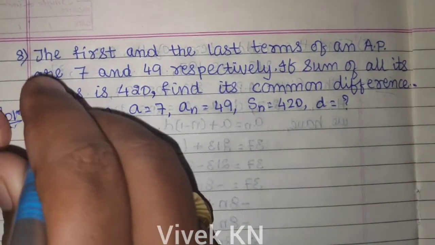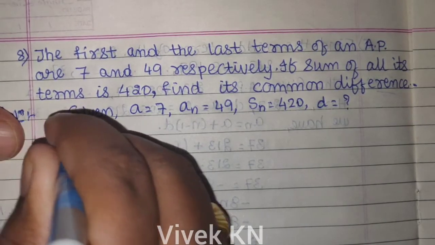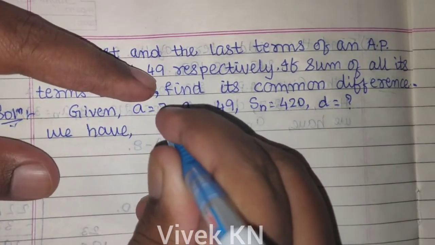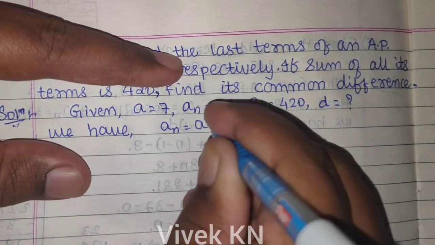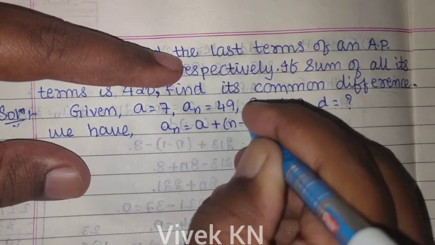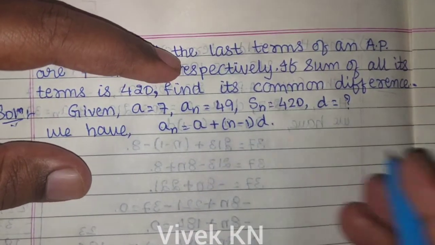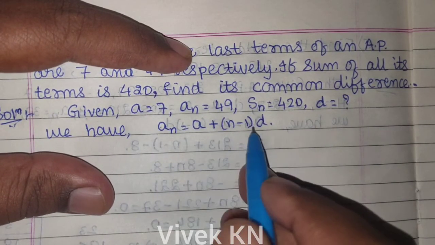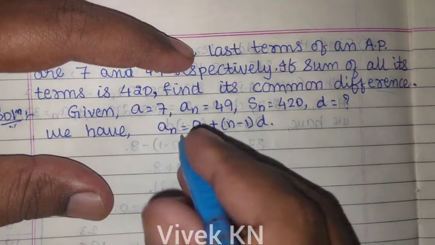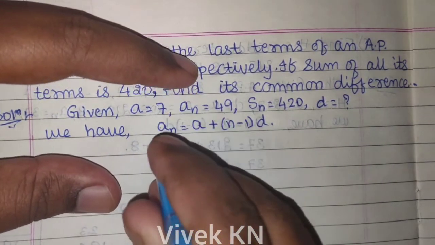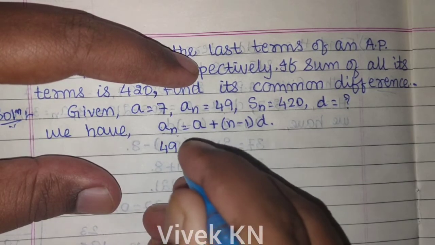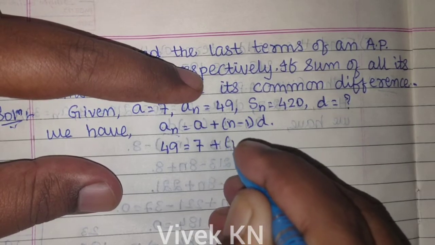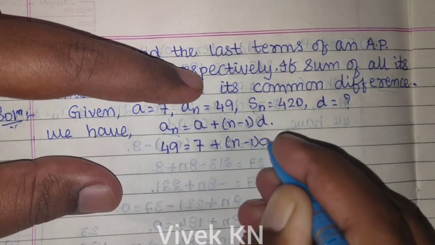First, let us write the formula of nth term of an arithmetic progression, that is an is equal to a plus n minus 1 into d. Now let us substitute the value of a and an in this nth term formula. The value of an is 49, the value of a is 7, plus n minus 1 into d.